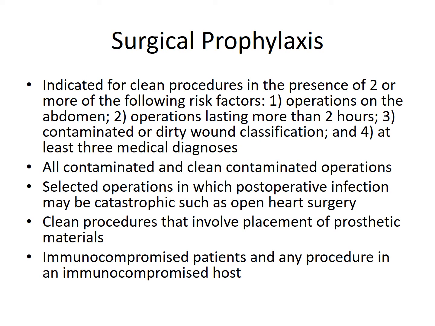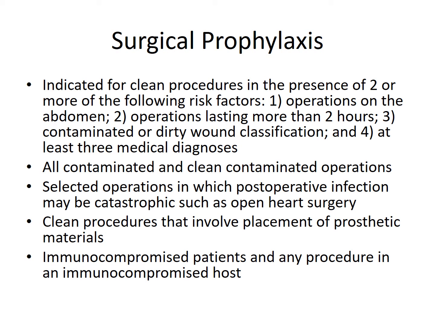For all other types of wounds, surgical prophylaxis is routine, and prophylaxis is mainly preventing infections from skin flora, which typically is gram-positives. That's why first-generation cephalosporins are usually the agent of choice for pre-incision antibiotics.